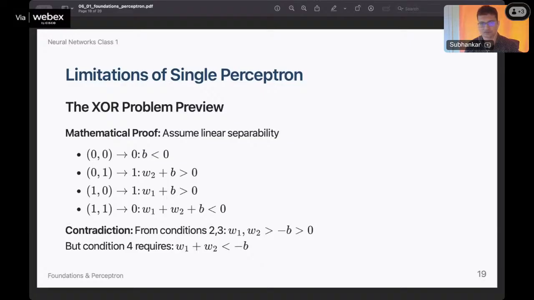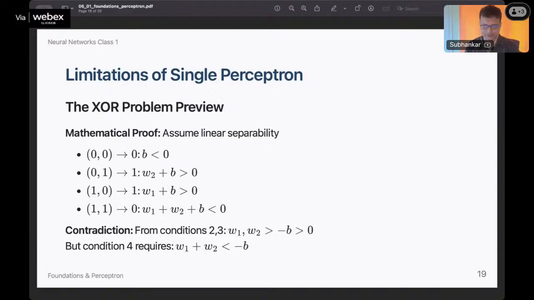Now, if you just take conditions 2 and 3, you will see that W1 and W2 both have to be greater than minus B, and of course greater than 0.